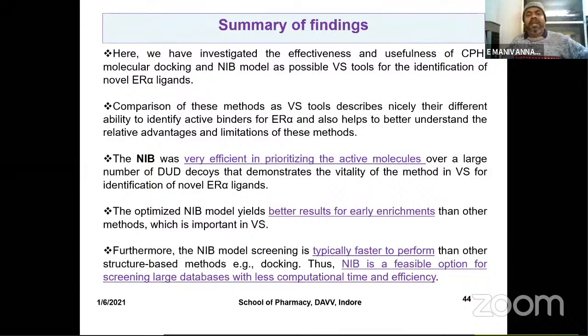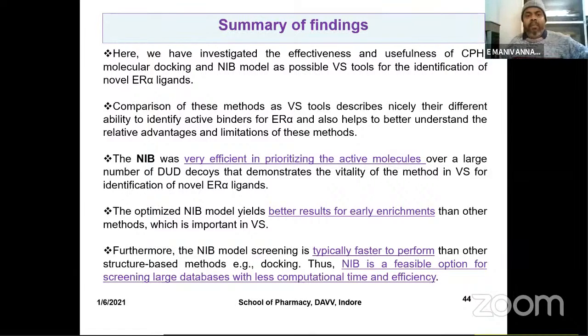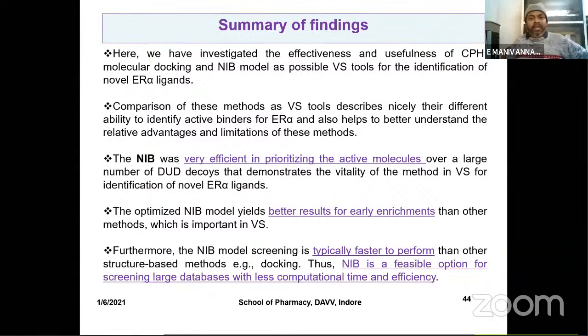Structure-based virtual screening was molecular docking, with Glide SP docking and the ChemPLP scoring function, and the negative image-based screening model. By comparing all these virtual screening methods, we were able to identify ER alpha binders and understand the relative advantages and limitations of all three methods.